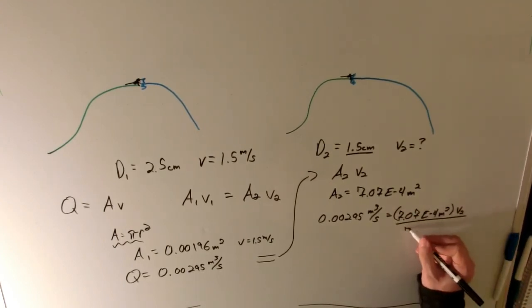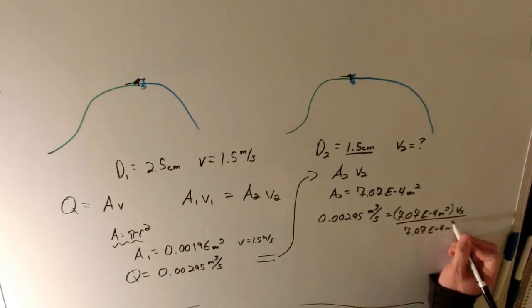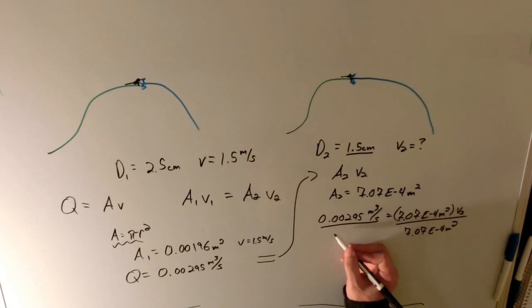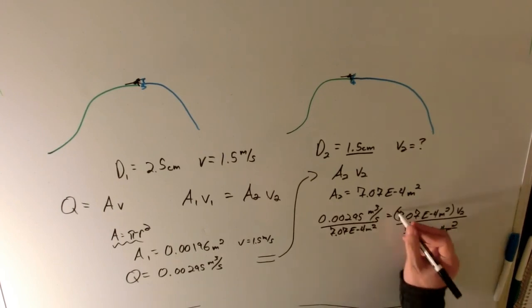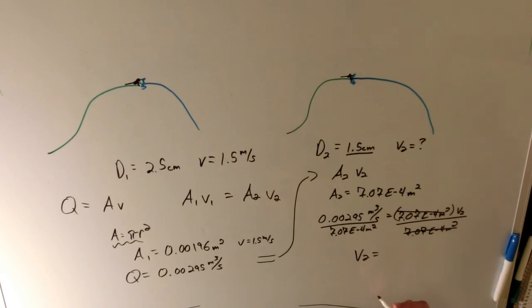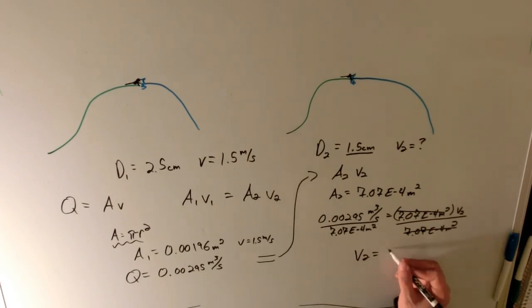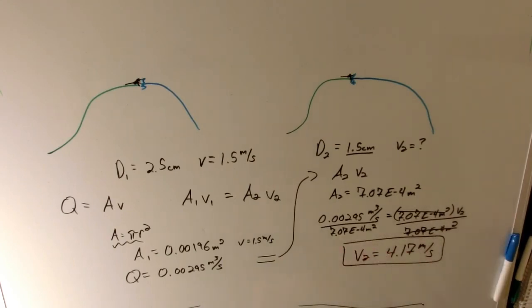I'm going to divide both sides by 7.07 e negative 4 square meters. Those cancel out, and then I evaluate this. I find that velocity 2 comes up to, if I've done this correctly, 4.17 meters per second. And this is an example of applying continuity.